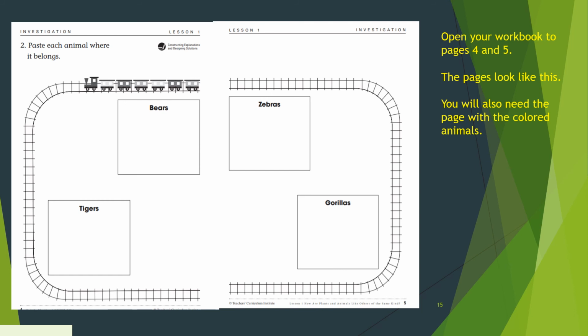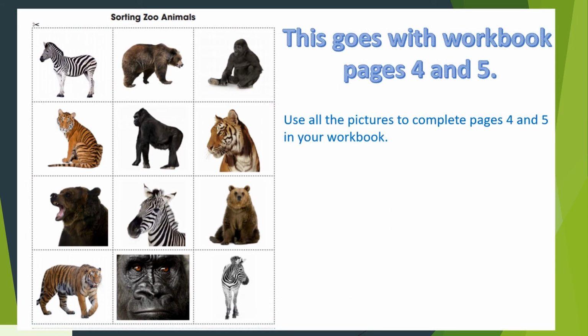We're going to use that with page 4 and 5. That page looks like this, right? I've got all those animal pictures in there, and it says this goes with workbook pages 4 and 5. Also gives you directions that you should use all the pictures to complete pages 4 and 5 in your workbook.